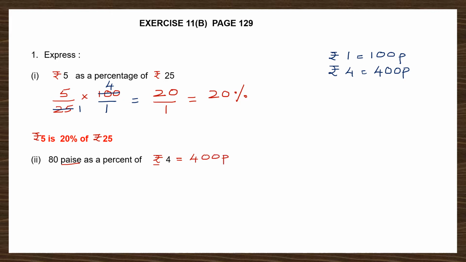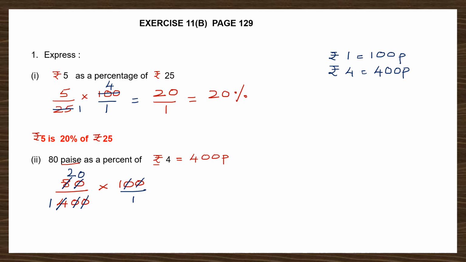So now let's read the question again. Express 80 paise as a percent of 400 paise. So let's divide 80 by 400 and multiply this by 100. Denominator 1, cancel what you can, 2 zeros and 2 zeros. Cancel anything else that you can possibly do. I can cancel 4 and 80. 4 ones are 4, 4 twos are 8 and 0.